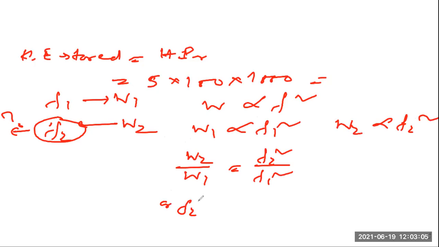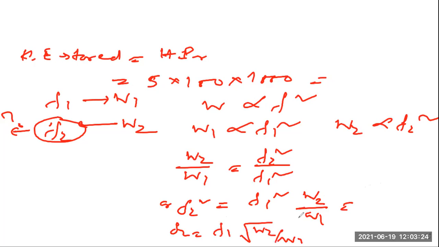Now F2 square will be equal to F1 square into W2 by W1. So F2 equals F1 times the square root of W2 by W1. Now F1 is your 50 hertz, the initial value.